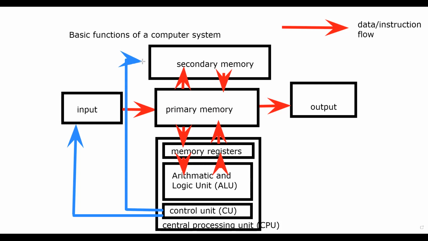Yes, secondary memory like this. Controlling actually controls how the data and instructions flow. And it can control the other parts of this as well. Now, for example here, yes, the arithmetic and logic unit. So the control unit can control the arithmetic and logic unit. And then it can control the memory registers.